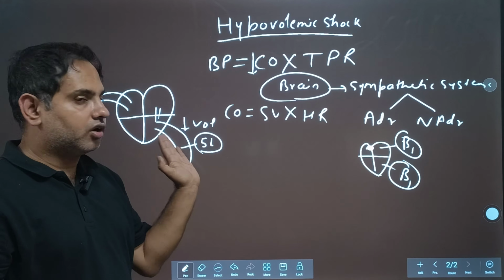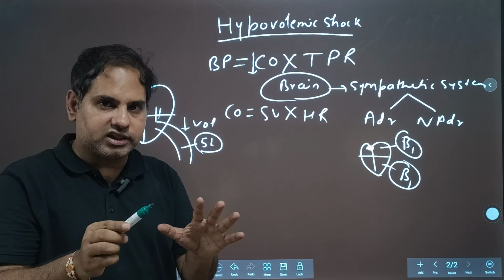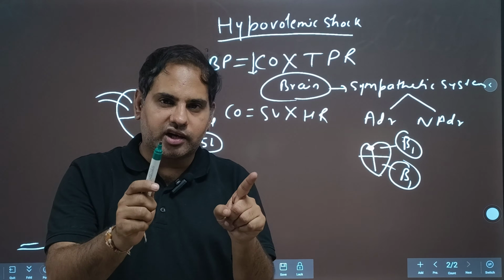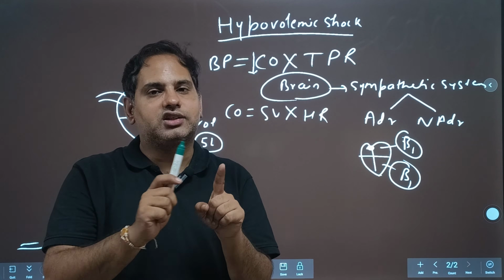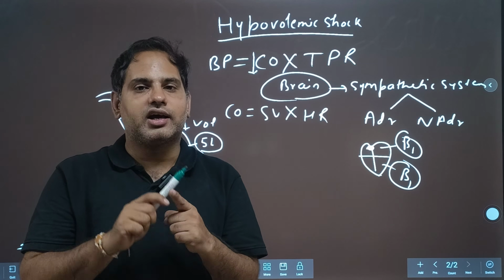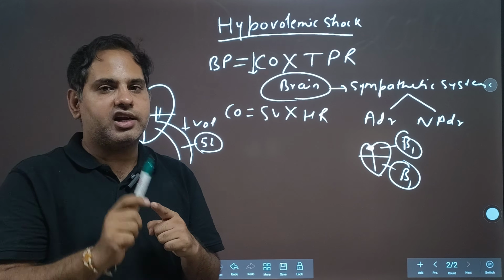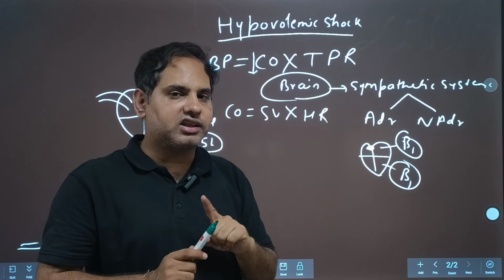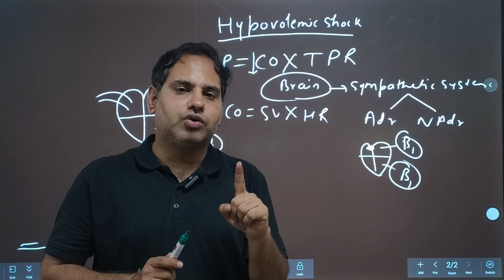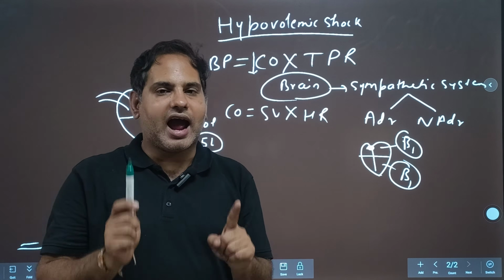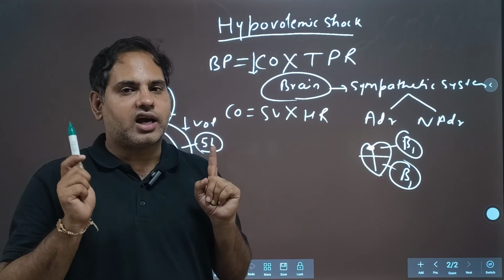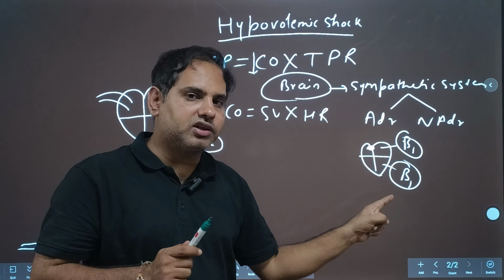That can be due to external bleeding or internal bleeding. So when there is internal or external bleeding, your blood volume is decreased, your venous return decreases, your cardiac output decreases, it will be sensed by your body and the signal sent to the brain. The brain in response will stimulate the sympathetic system to release the neurotransmitters adrenaline and noradrenaline. These are non-selective in nature, they will act everywhere in the body, and on the heart there are beta 1 receptors.